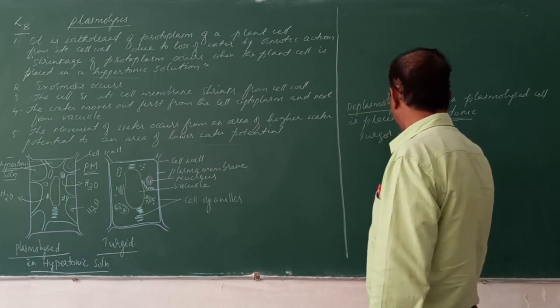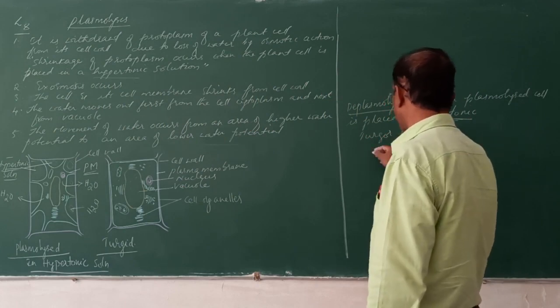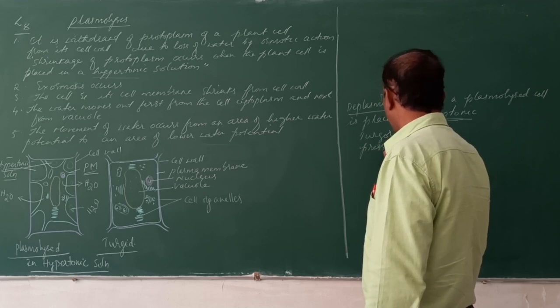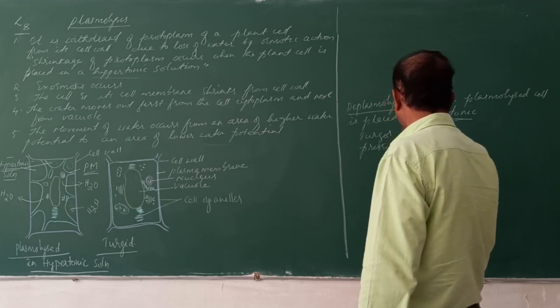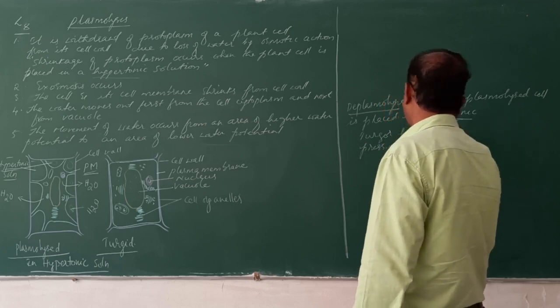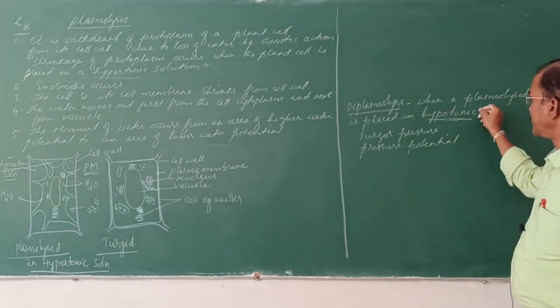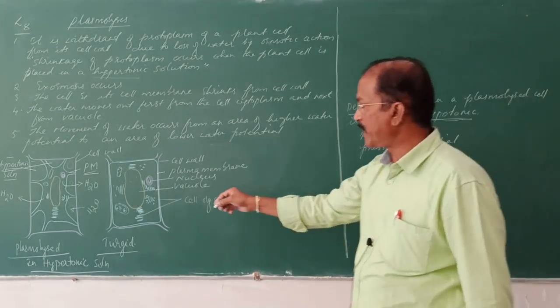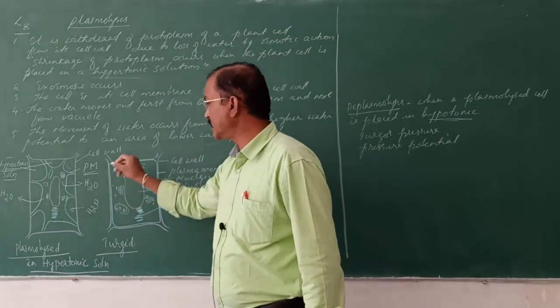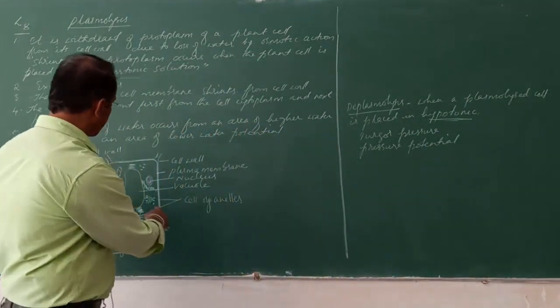Turgor pressure or the pressure potential increases when the cells are placed in hypotonic solution. Now the cell becomes turgid. This is a turgid cell.